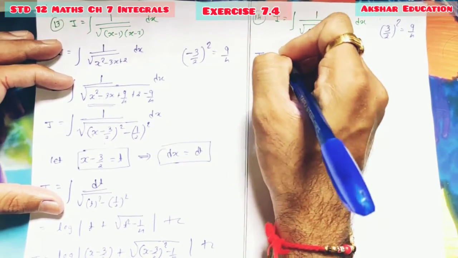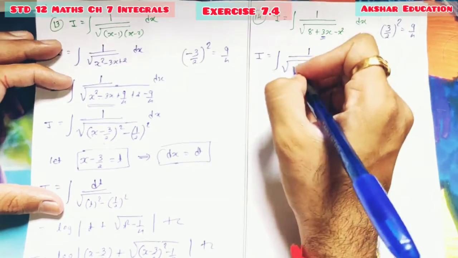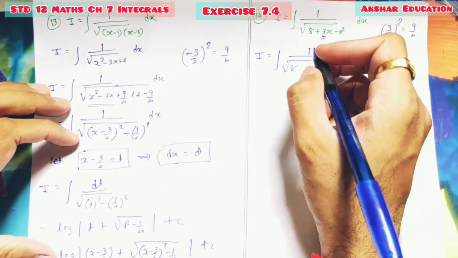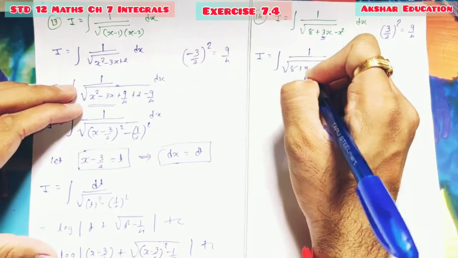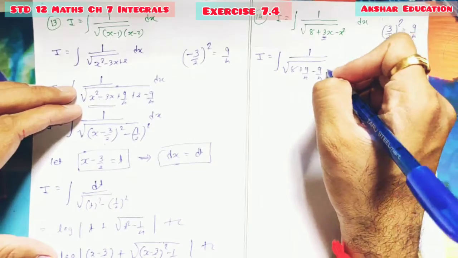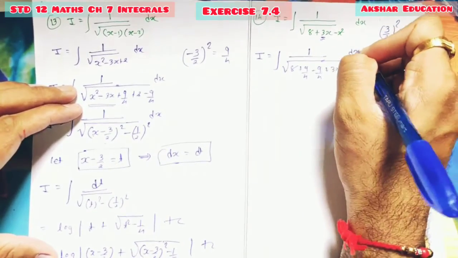So our integration I is integration of 1 upon square root of this 8. Since there is a minus sign, it is plus 9 by 4 minus 9 by 4, and we keep the minus, plus 3x minus x square into dx.